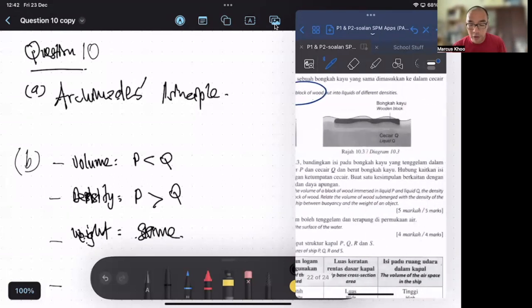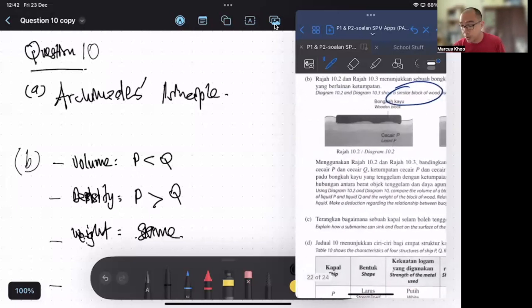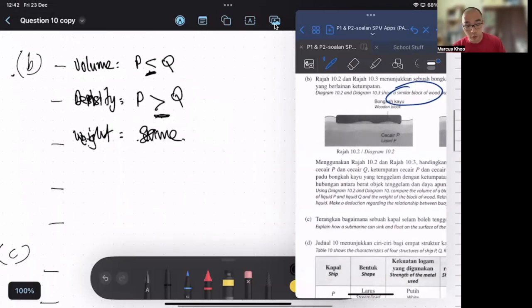Okay, relate the volume of wood submerged with the density of the liquid. Since the volume and the density have different directions, obviously it will be inversely proportional, but you don't write inversely proportional.